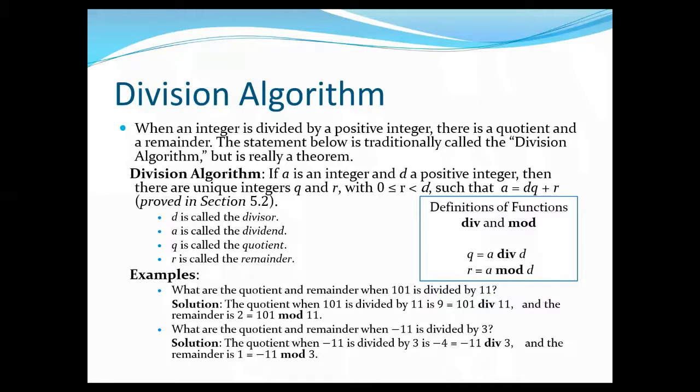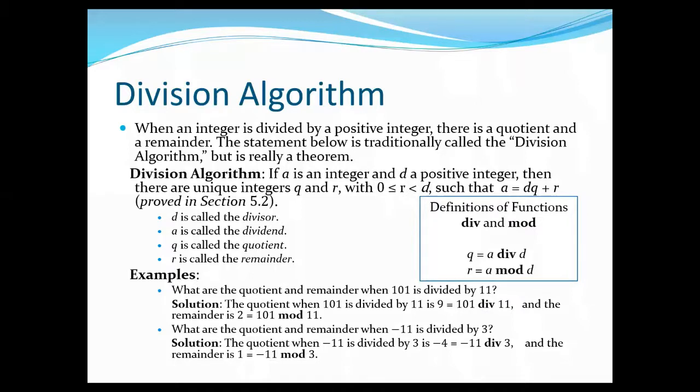It will be negative 2, which is incorrect based on our definition of the division algorithm. It should be between 0 and less than your divisor. It should always be positive or 0.